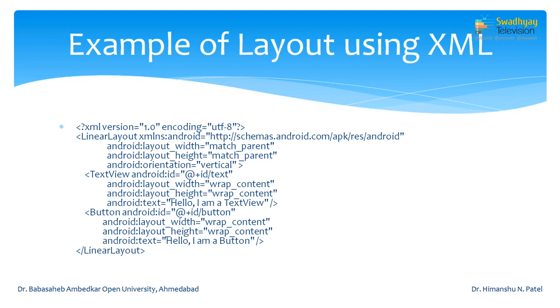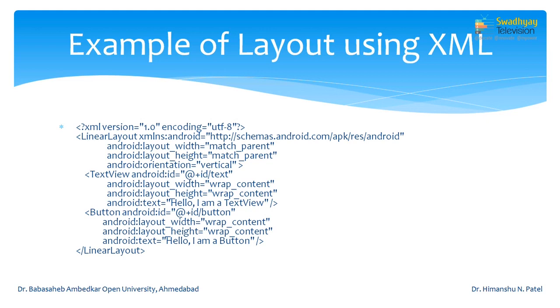So, whenever you load this layout in your activity, it shows one text view with the caption "hello I am text view", and next it shows one button with the caption "hello I am button". This is a sample example of how to define your layout using XML.